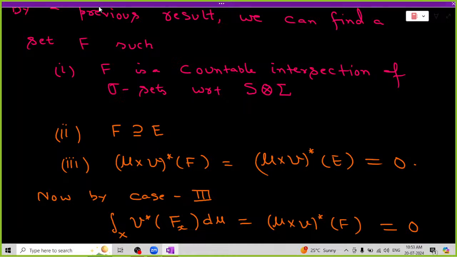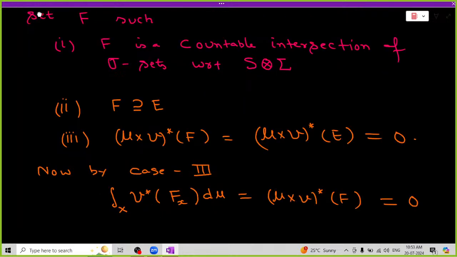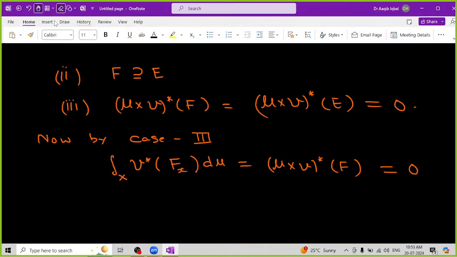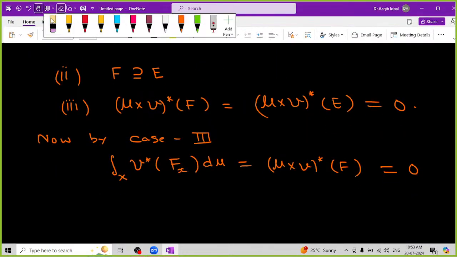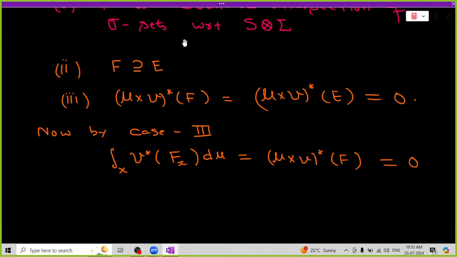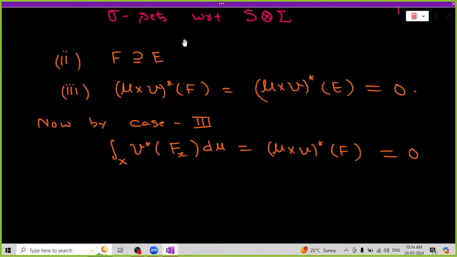So what situation is this? It's a situation where the integral of a non-negative function, nu star of the x section is a non-negative function, right? And the integral of this non-negative function, you see it's 0, so that means what?